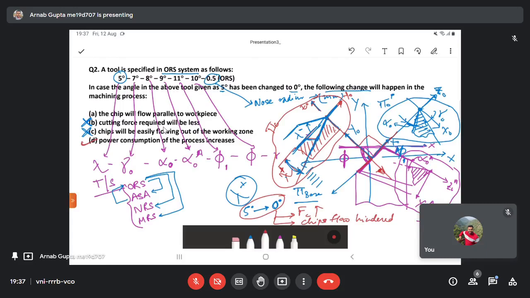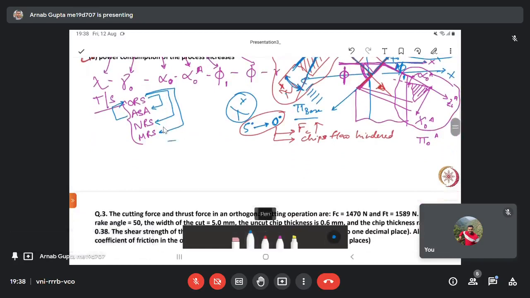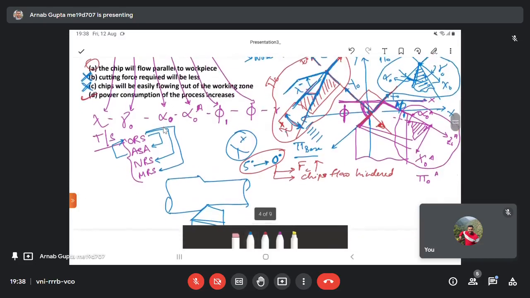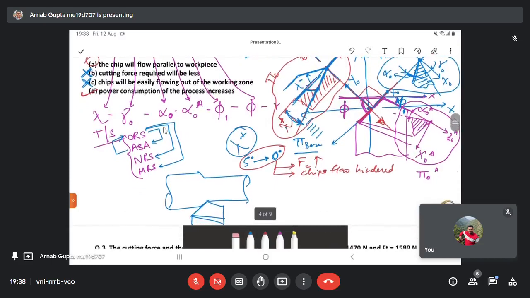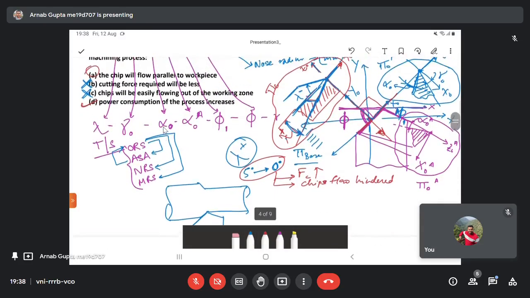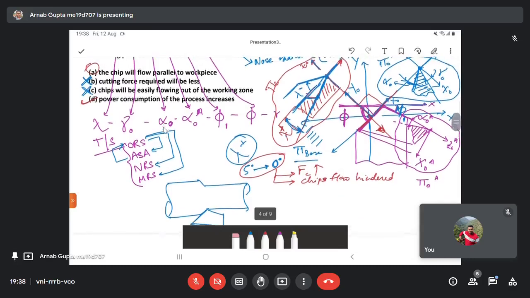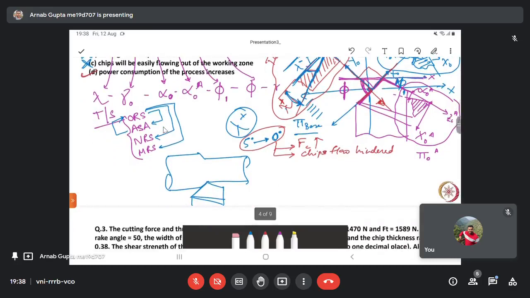Chips will flow parallel to the workpiece. I'm not sure about option A, because if you try to visualize it in another plane, I think it should have been perpendicular to the workpiece, not parallel.